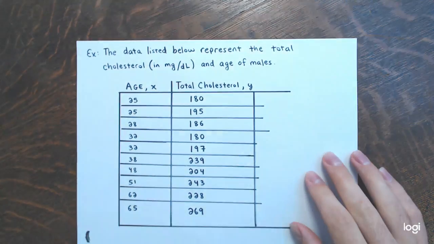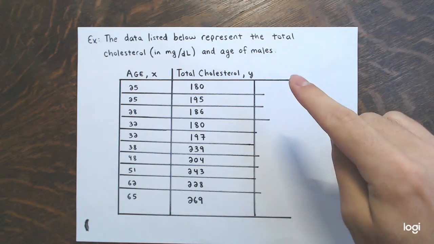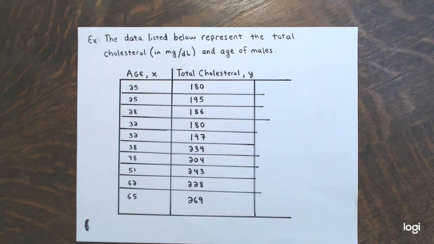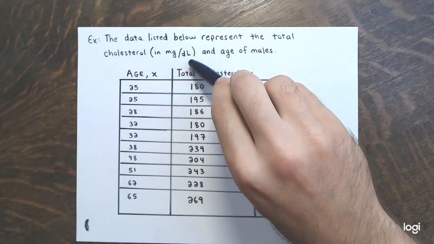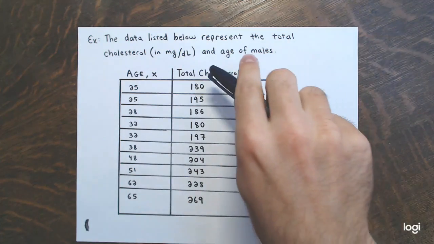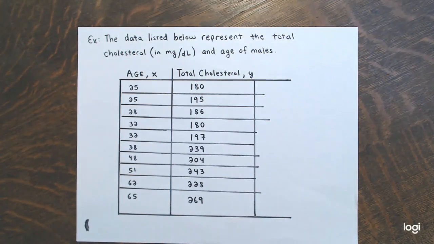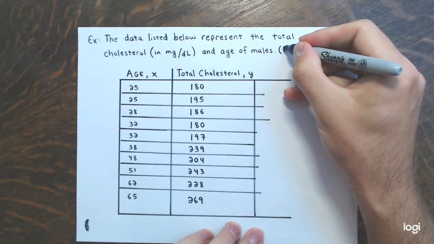So what I have for you here, I was making these with a ruler, please ignore all these excess marks over here. So the data listed below represent the total cholesterol in milligrams per deciliter, and the age of males, I guess I should put that the age is in years.